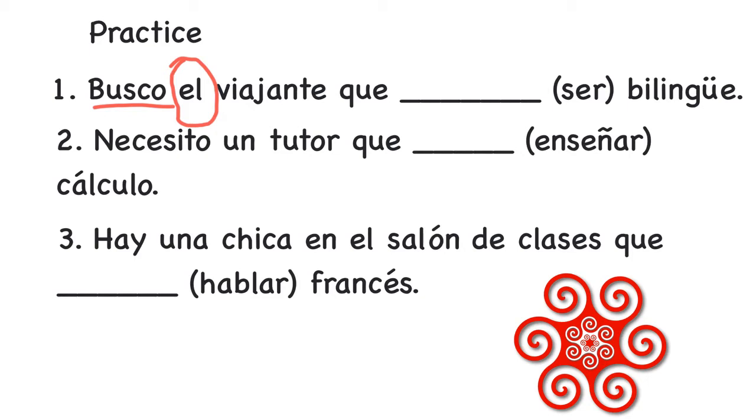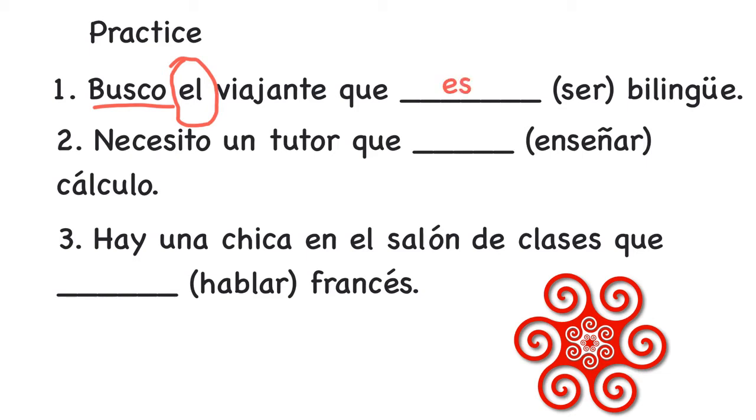For example, if we translate this sentence into English, I'm looking for the salesman that is bilingual. So because we're using a definite article, this sentence is going to be conjugated in what? Yes, in the indicative. Okay, busco el viajante que es bilingüe.